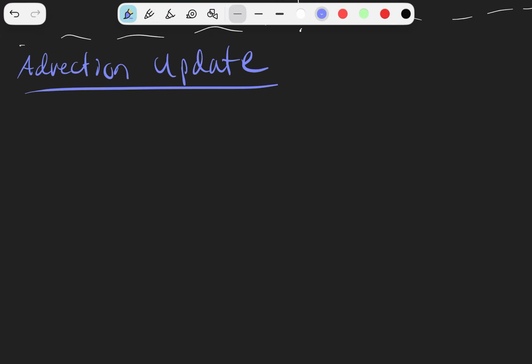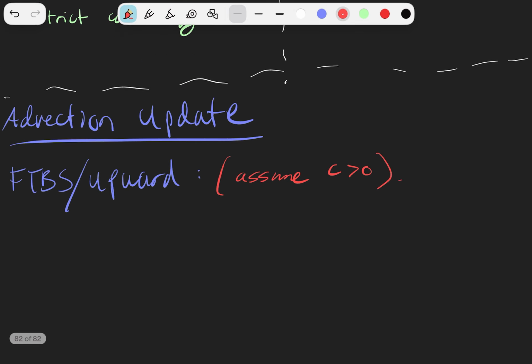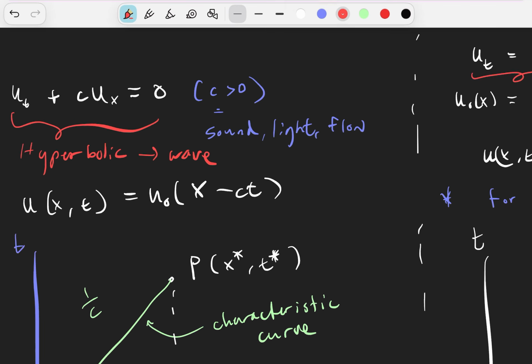What this looks like is a scheme called FTBS, sometimes called the upwind one. I guess this means forward time, backward space. I'm not sure, but the assumption here is that c is greater than 0. Okay, so we're assuming the original hyperbolic condition.